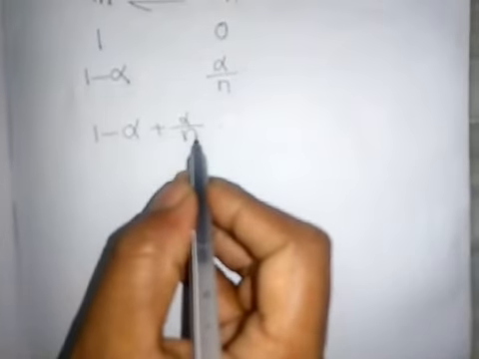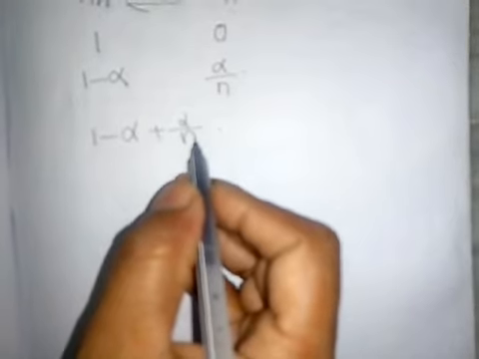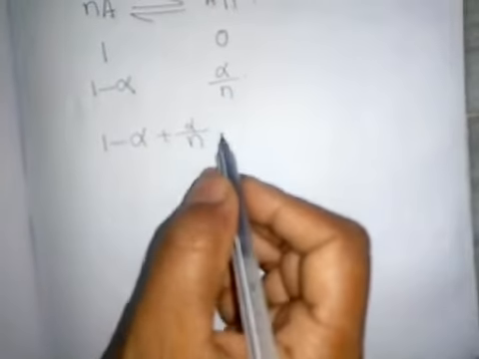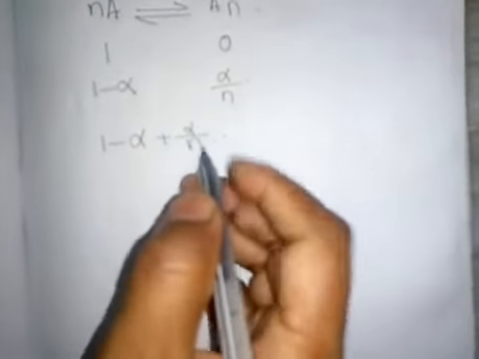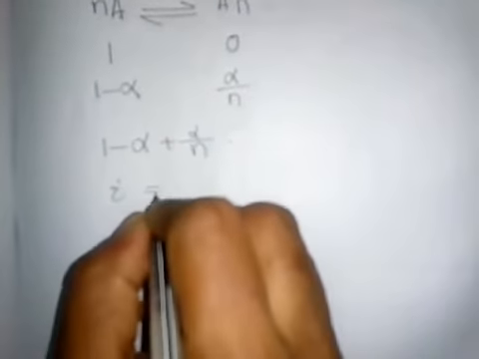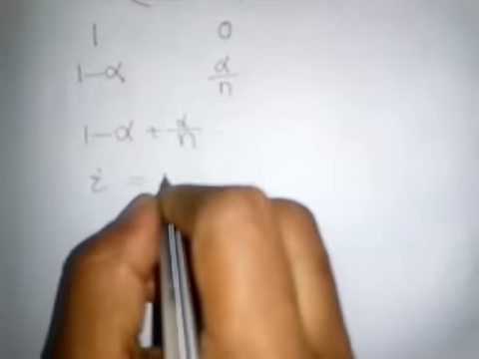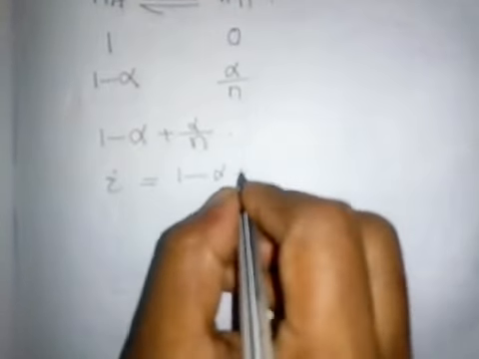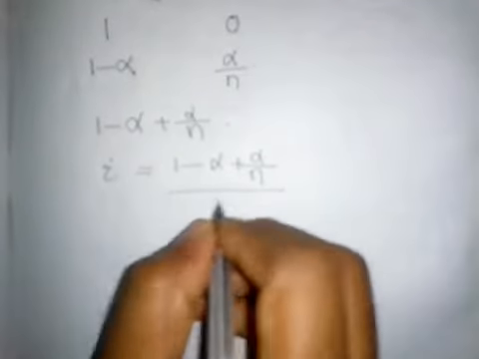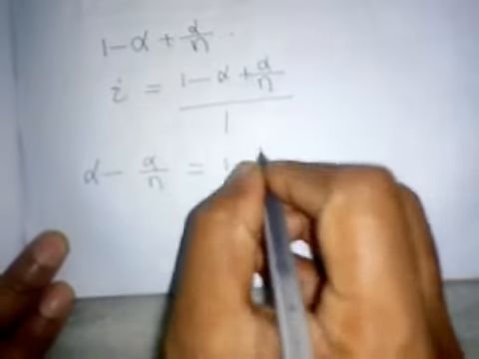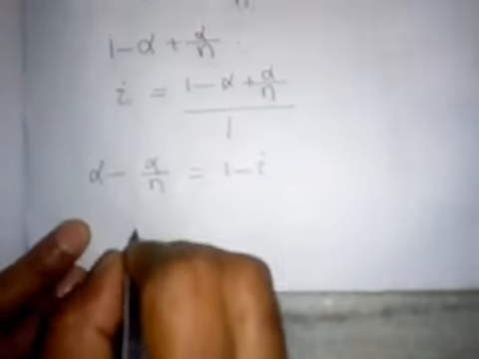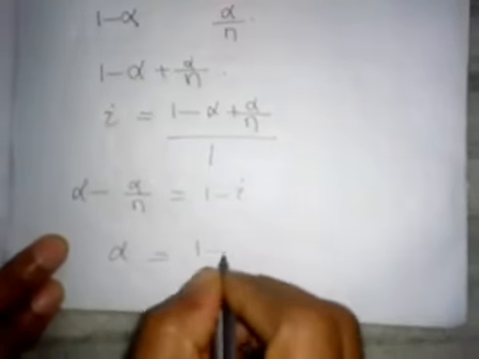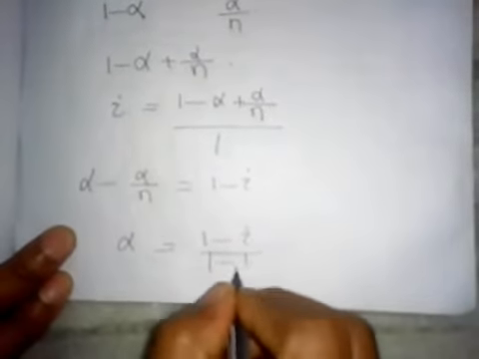Since the colligative property is proportional to the number of moles of the solute present in the solution, therefore i, the Van't Hoff factor, is equal to total number of moles, that is 1 minus alpha plus alpha by n, whole divided by 1, or alpha minus alpha by n is equal to 1 minus i, or alpha is equal to (1 minus i) by (1 minus 1 by n).